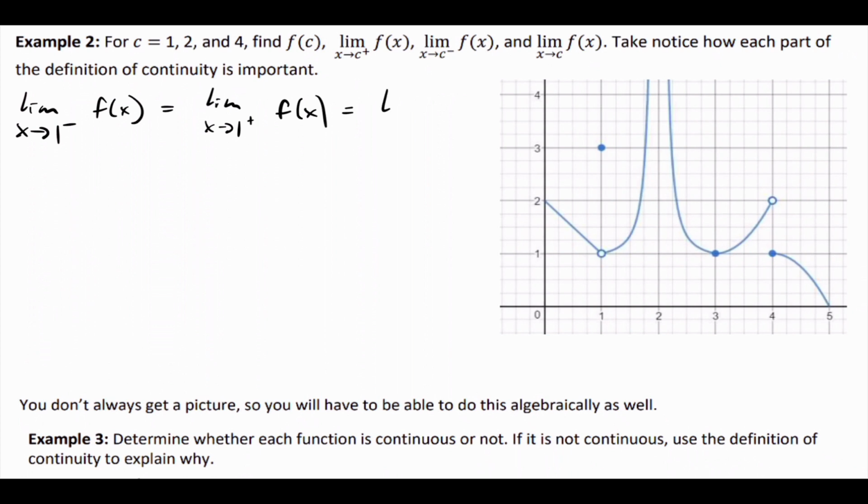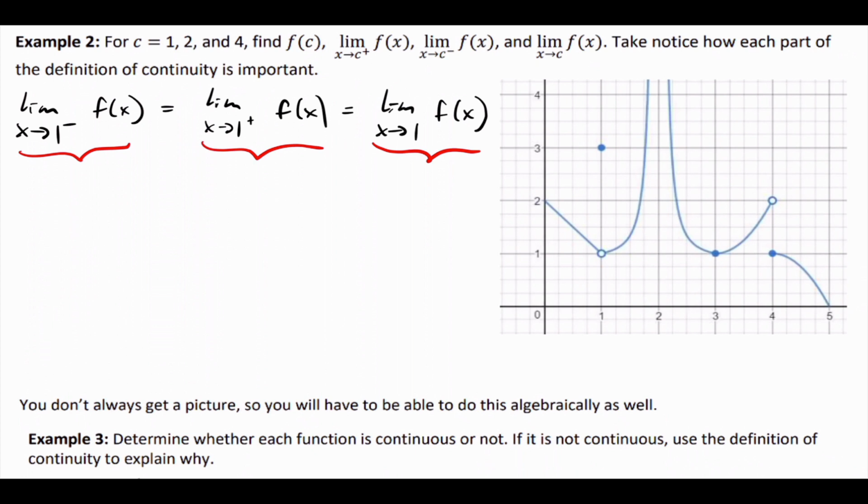And then the limit as x approaches 1 overall. I'm going to find the answer to all of those. If they're equal, great. If they're not, then there's no limit, right?